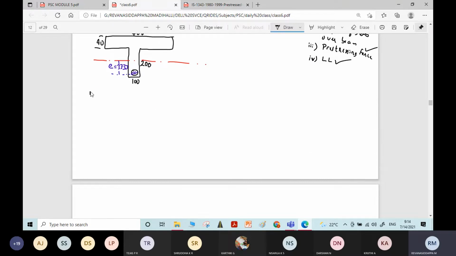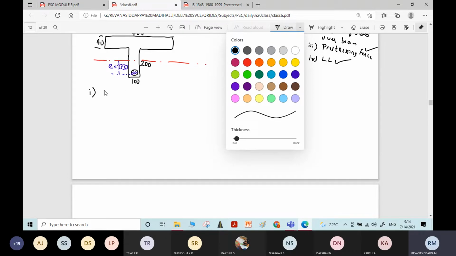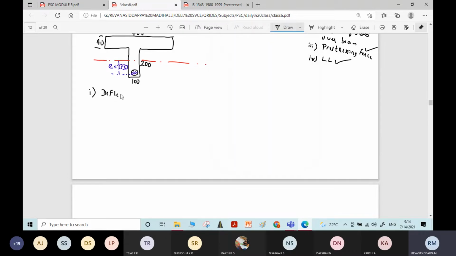First one, deflection due to dead load, or self-weight of the beam.